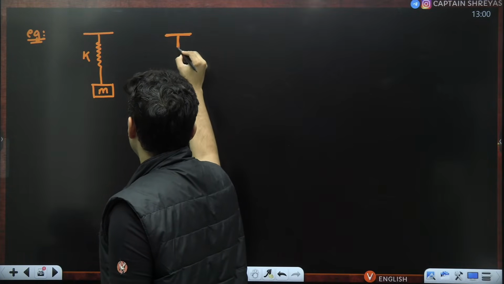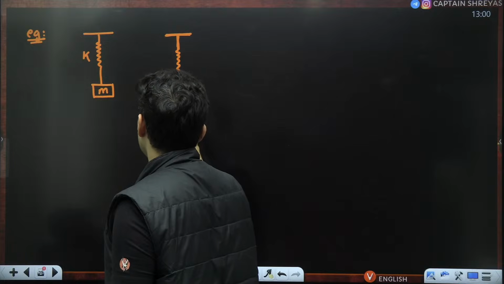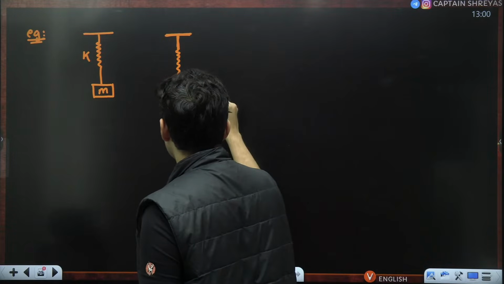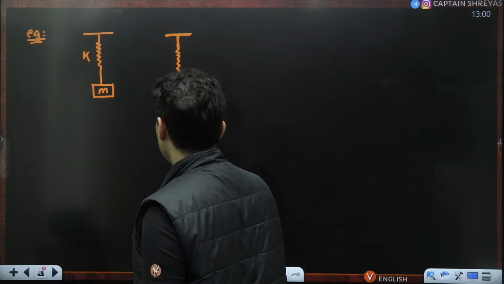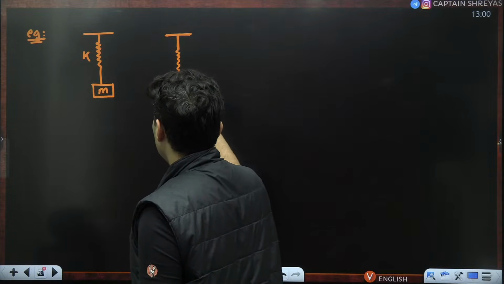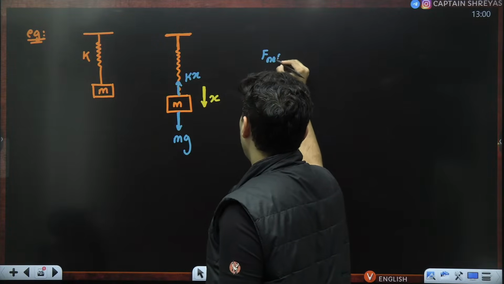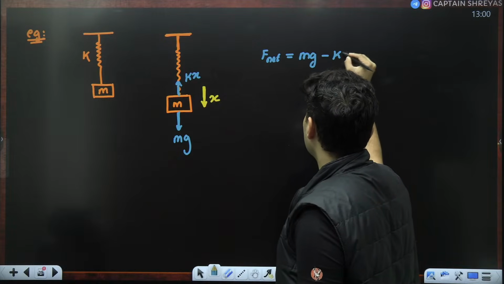So because of that gravitational force, what will happen? The spring will get extended like this, all of that, correct? And it will have some extension x. It will have forces like this. mg will be there, and there will be kx over here. So the net force on that mass will be mg minus kx.